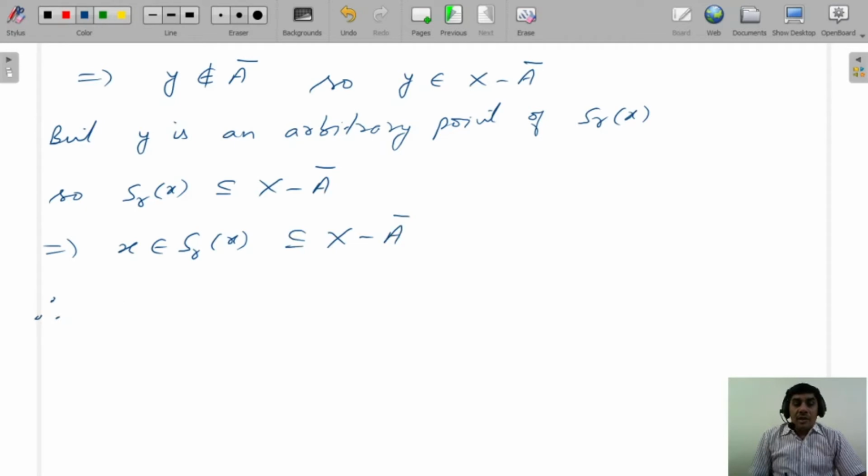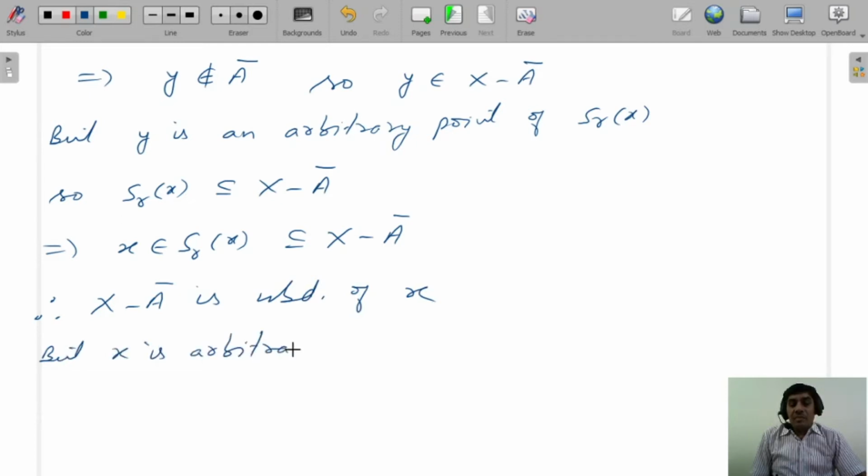Therefore, X minus A closure is a neighborhood of x, but x is an arbitrary point of X minus A closure.